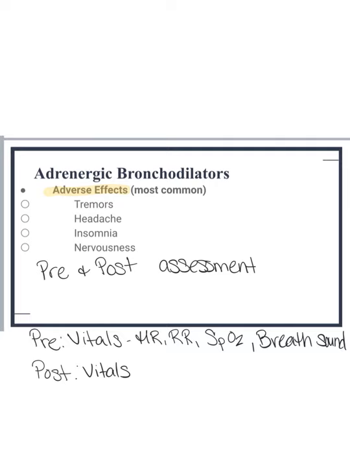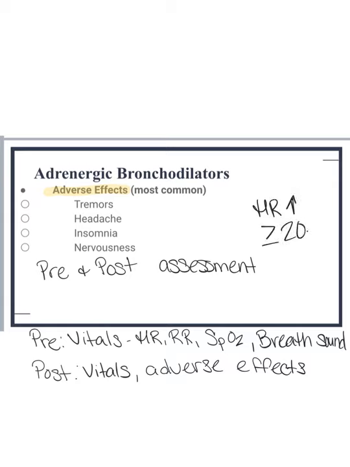So it's very important to do pre and post assessments. You also need to chart and look for any adverse effects. Because remember, if your heart rate increases greater than or equal to 20%, you need to stop the treatment.